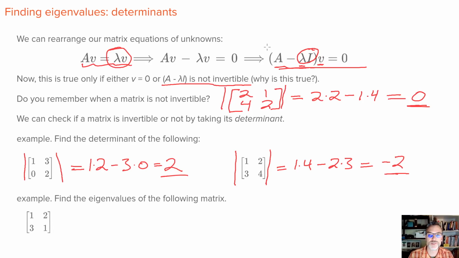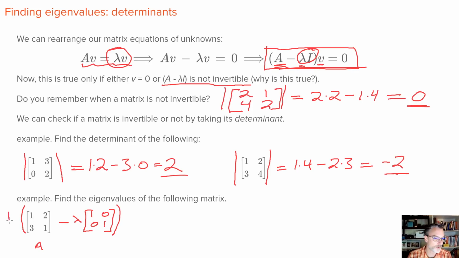Okay, so I want to find the eigenvalue of this matrix. The way I'm going to do it is set up this equation, and I'm going to solve it. I take this A, this is my A, and I'm going to subtract lambda times the appropriately sized identity matrix, like this. And then I'm going to take the determinant of this whole thing. You can write the determinant as these vertical bars like I've been writing so far, or you could also write DET for determinant.